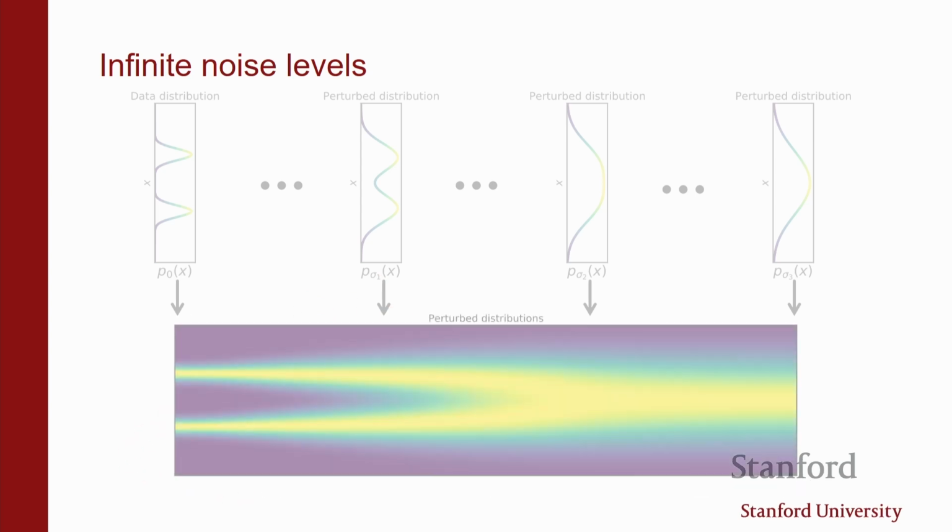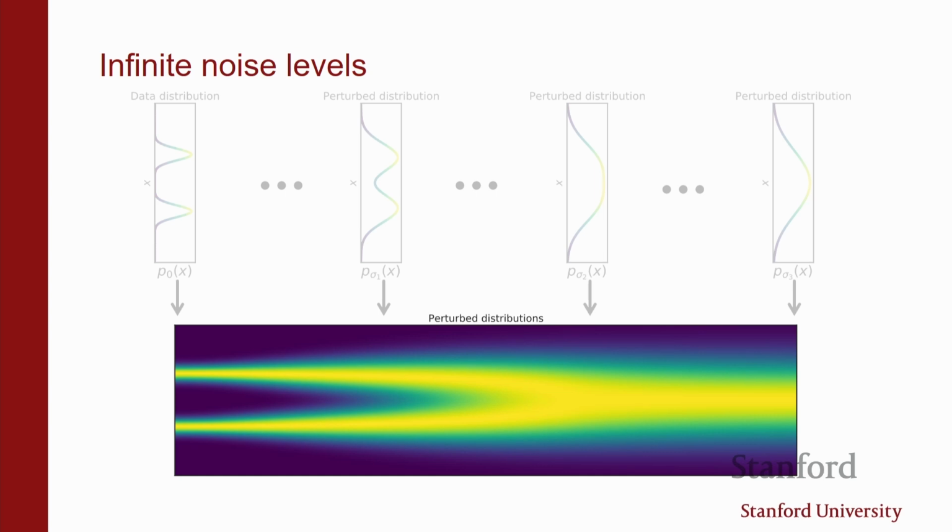And in the limit, you can think about what happens if you were to consider an infinite number of noise levels going from 0 to whatever was the maximum amount. What you're going to get is an infinite number of data densities perturbed with increasingly large amounts of noise, now indexed by t, where t is a continuous variable from 0 to the maximum that you have on the right, at the other end.